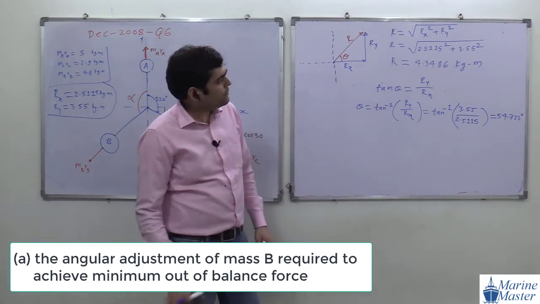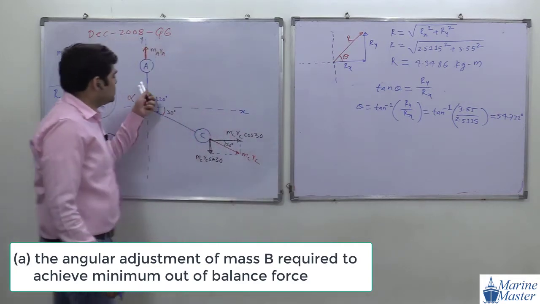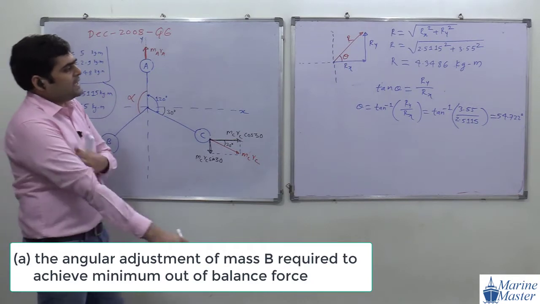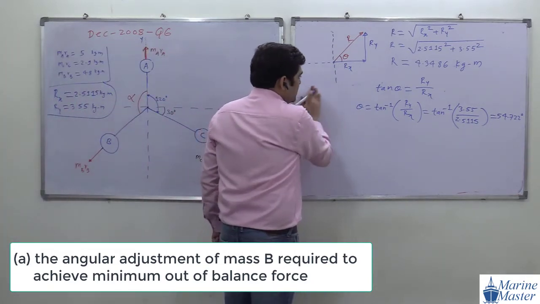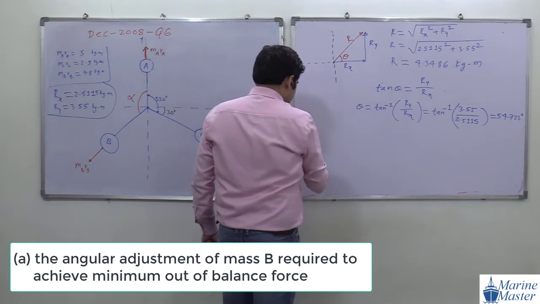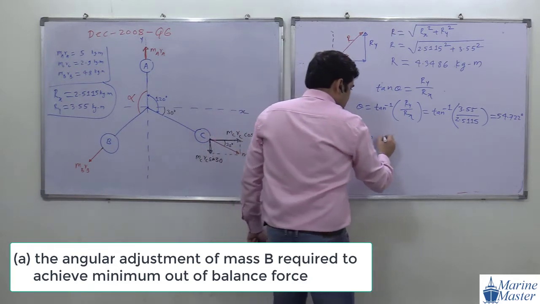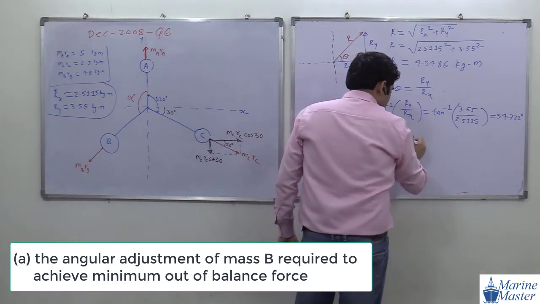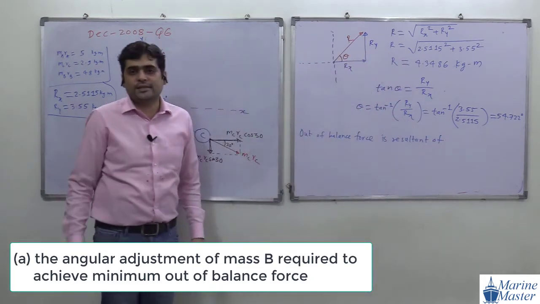Now guys, see. Try to see the scenario here. Why did we calculate R only as the resultant of these two? Now basically, what is the out of balance force? Out of balance force is the resultant of what, guys?